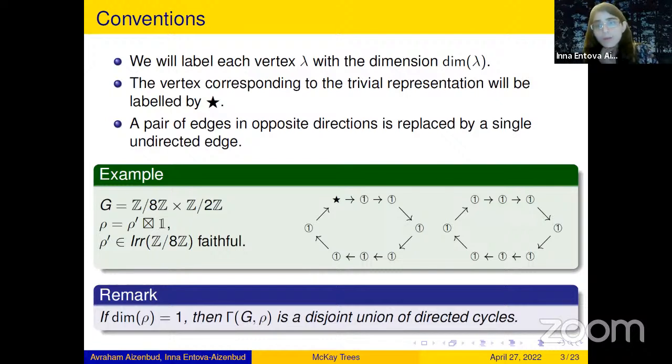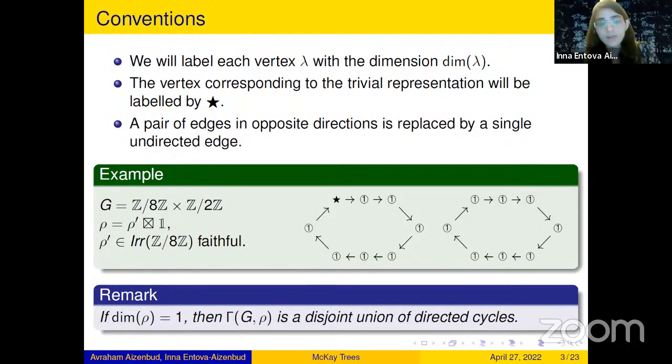So we already saw an example of a McKay graph which is a cycle, but in fact, we can also get a disjoint union of cycles of the same size from the same idea. We take a product of two groups, one of them being cyclic, and we take a representation which is an irreducible representation of the first component and the trivial representation of the second component.